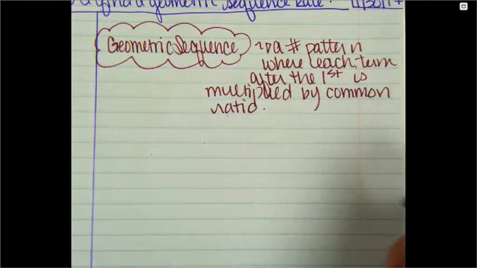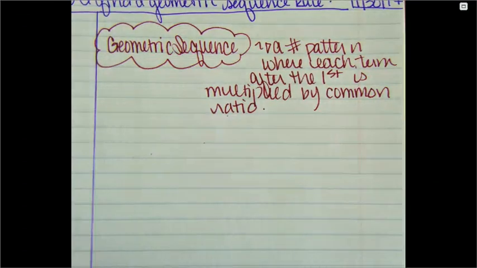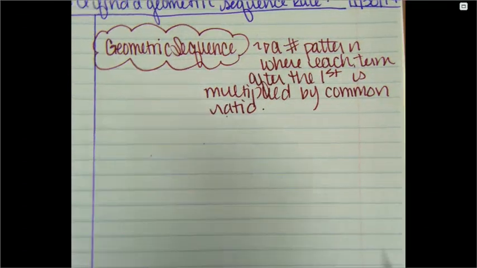We know what common ratio is, right? We defined that the other day. How do we find common ratio? How do you find the common ratio?